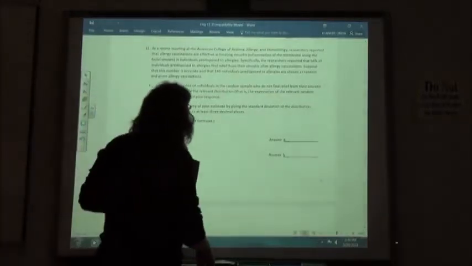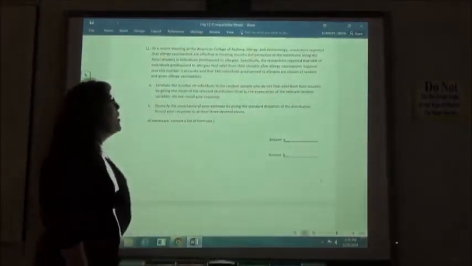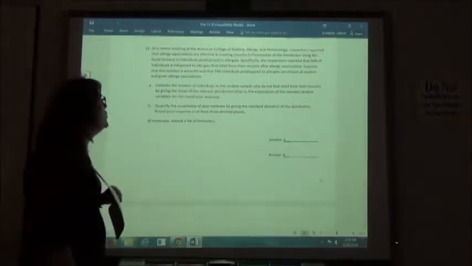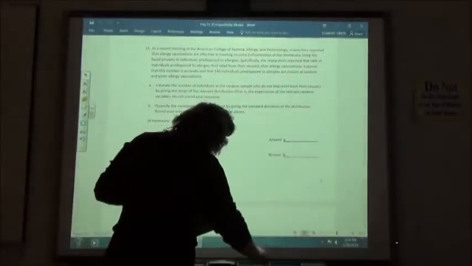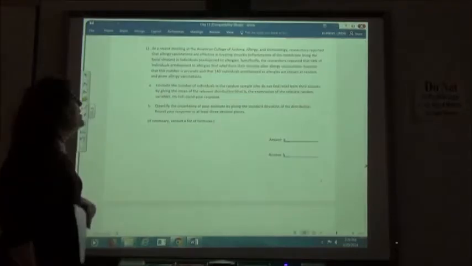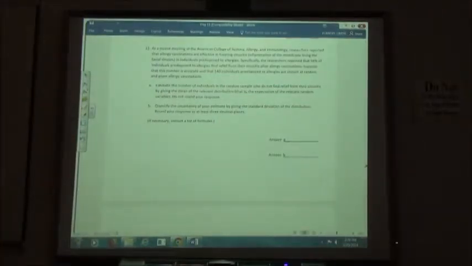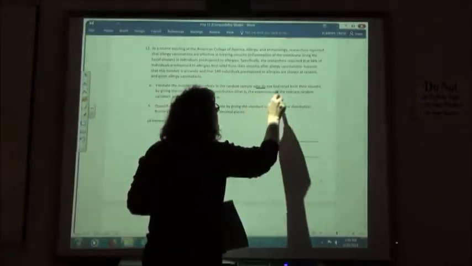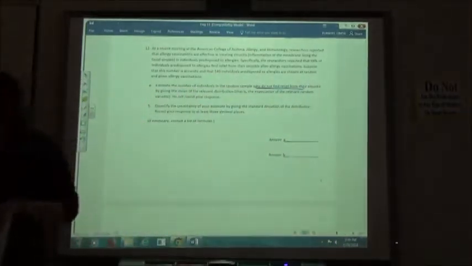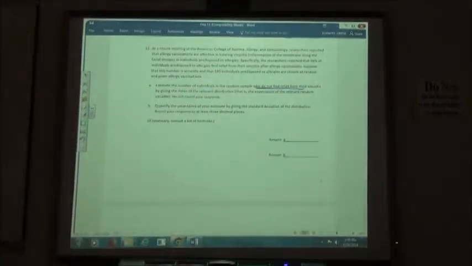Suppose that this number is accurate and that 140 individuals predisposed to allergies are chosen at random and given the allergy vaccination. Estimate the number of individuals in the random sample who do not find relief from their sinusitis. They're trying to be tricky on you to see if you're reading.